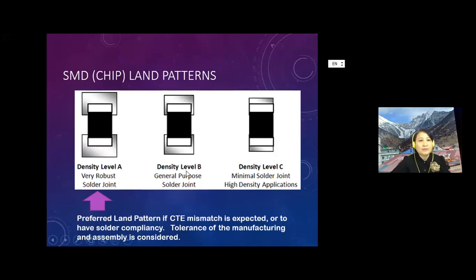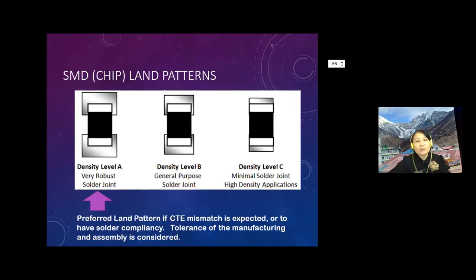Then you have level B, which is general purpose, when you don't have much criteria. And finally, density level C, which is a minimum solder joint. This is for high density applications. So depending on what kind of application or process you have, you choose accordingly.